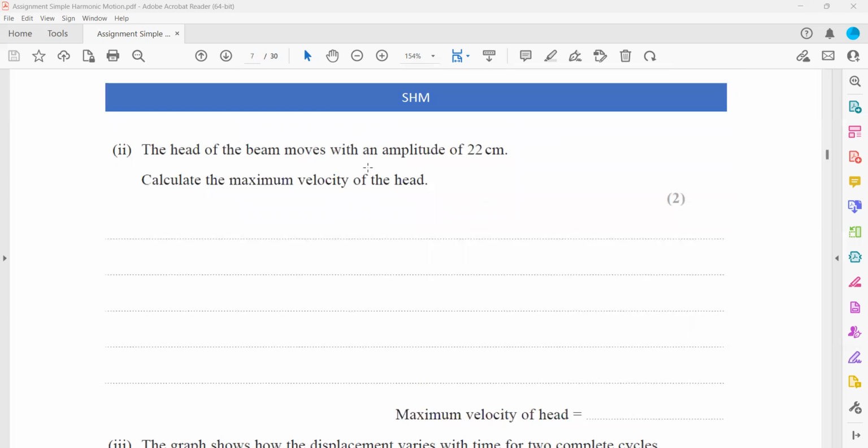Then the head of the beam moves with an amplitude of 22 centimeters. To get the maximum speed, the formula is V equals r omega, or for simple harmonic motion, we say V equals A omega. What is A representing? A is representing the amplitude, the distance from the mean position to the extreme position. So the amplitude is 22 centimeters.